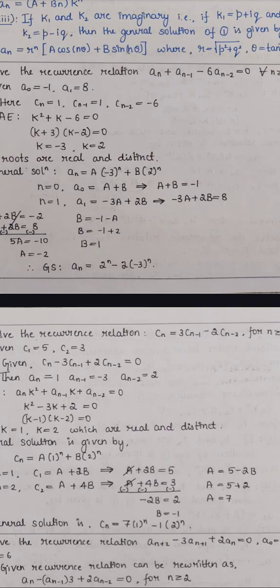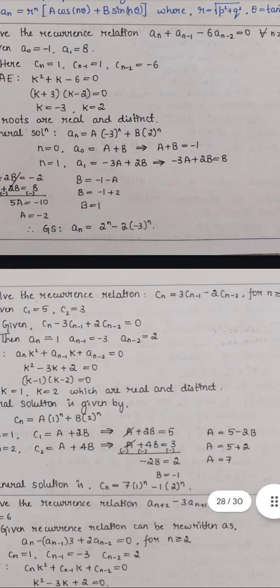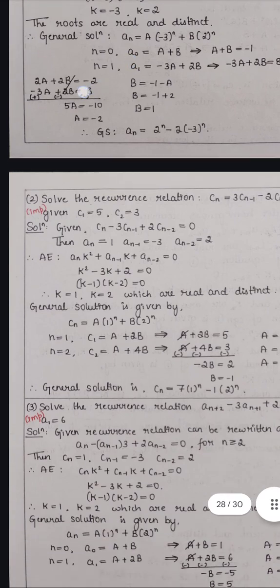So a is minus 2 into minus 3 power n, plus b, which is 1, into 2 power n. So we get an equals 2 power n minus 2 into minus 3 power n.